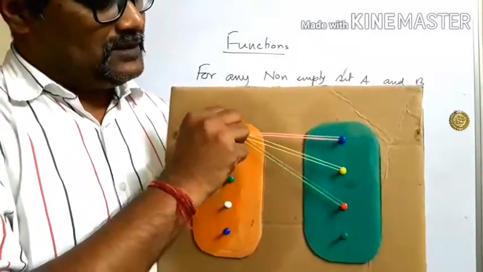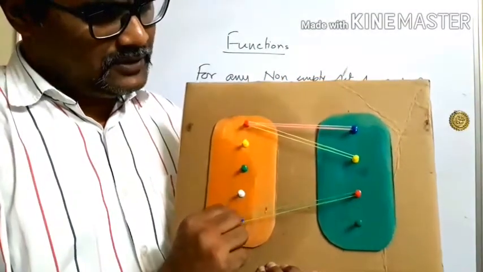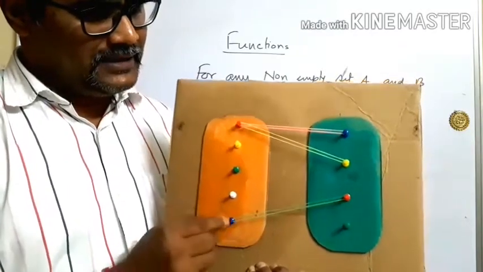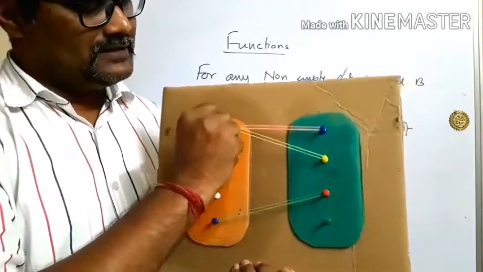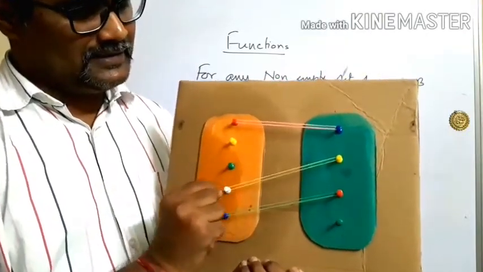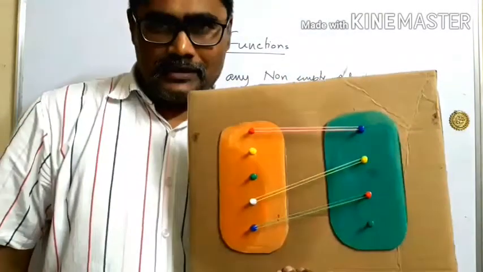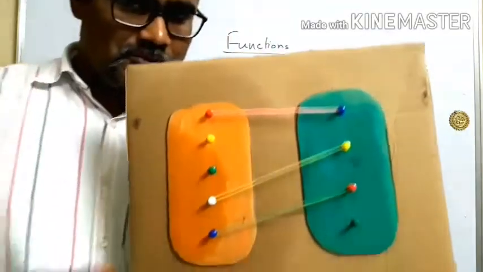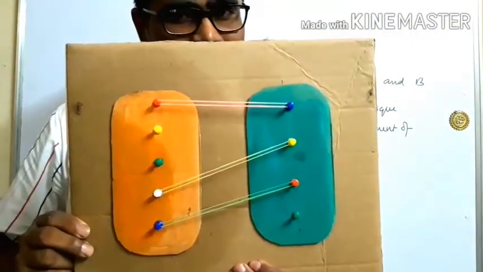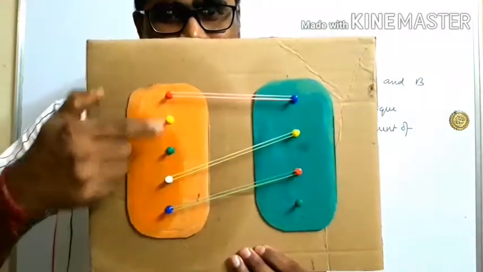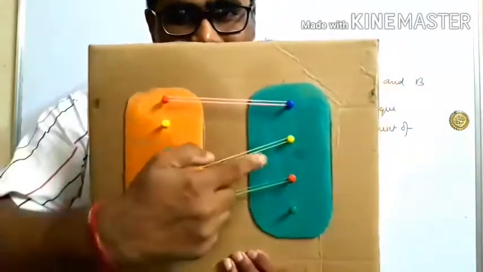So let me remove this, and suppose I have associated this element with this. Let me remove this and associate this here. Now what do you say, is this a function by that rule? No, still there are two elements which don't have any relative on this side.